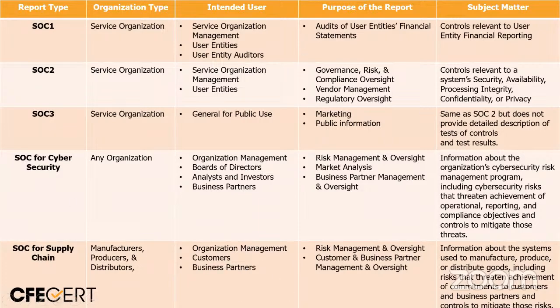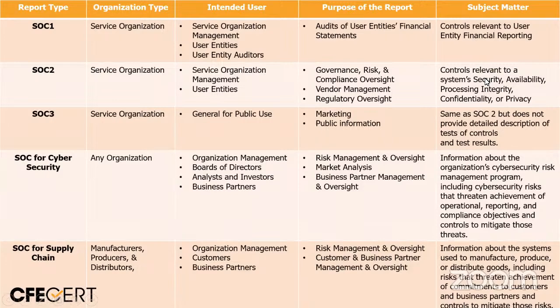So this summarizes the various likes and differences between the different types of SOC reports that we have: the purpose, the target audience, and the subject matter. This will address or cover the controls relevant to user entities' financial reporting.